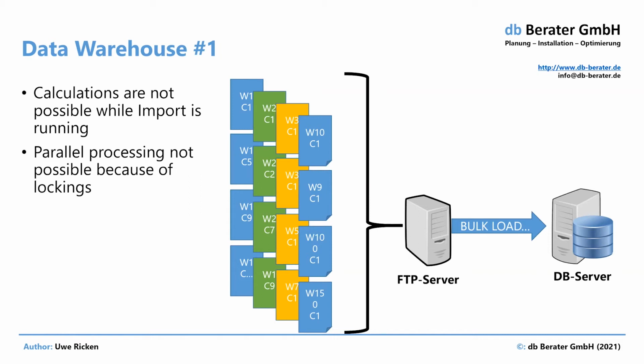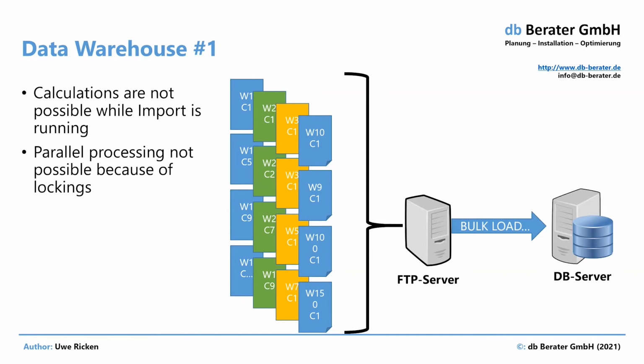The number of bookings depends on how long the cash desk was open. I do not run the bulk load, but we will do the session here, the demo at the database server where we have loaded the data. The problem, where they caught me, was that the calculations have not been possible while the import is running.